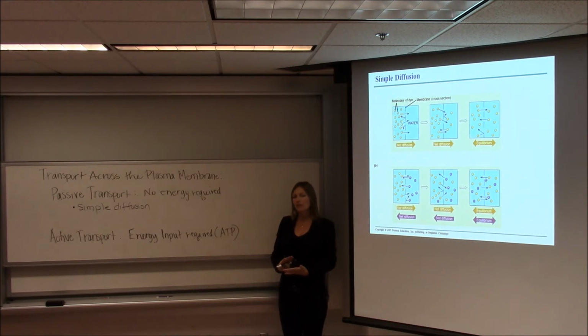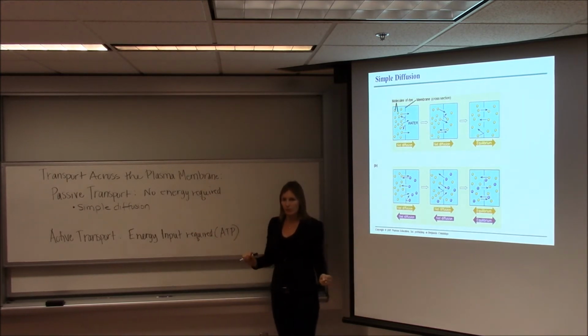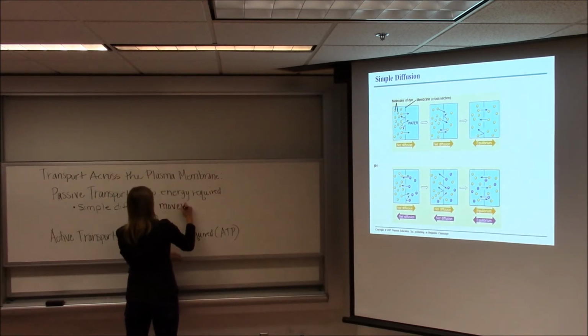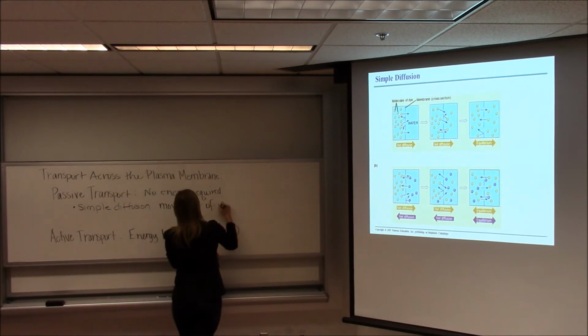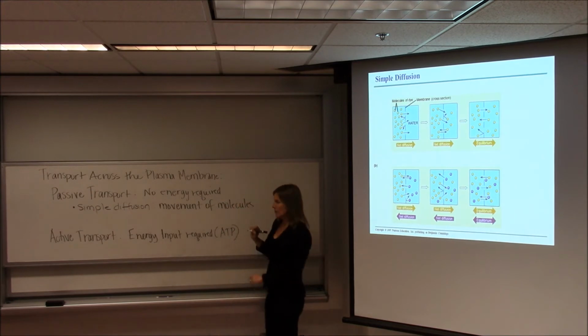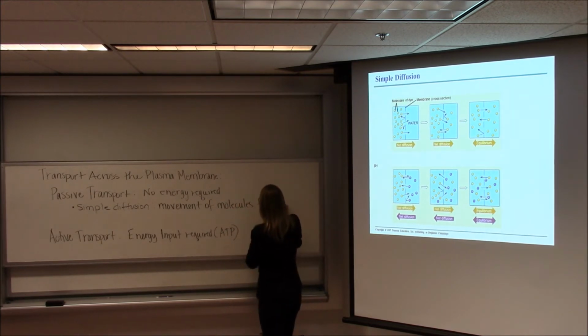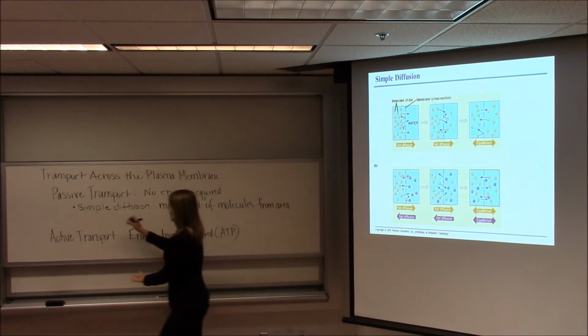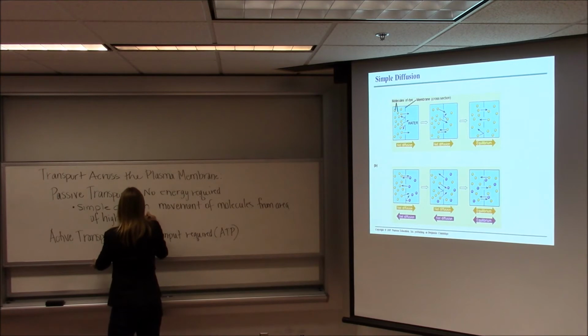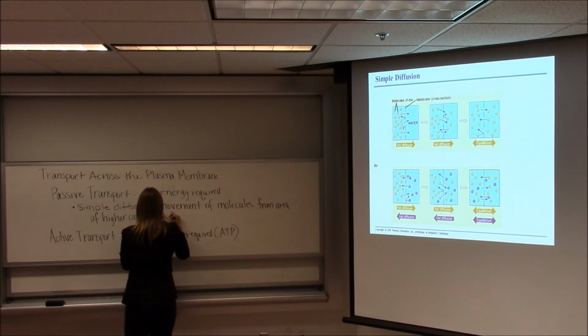And we would say that that diffusion is taking place along a concentration gradient, from area of high concentration to area of lower concentration throughout the room. And that's how simple diffusion takes place. It's movement of molecules from area of high concentration to area of lower concentration.